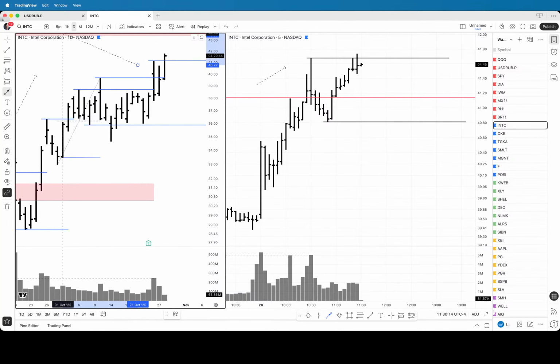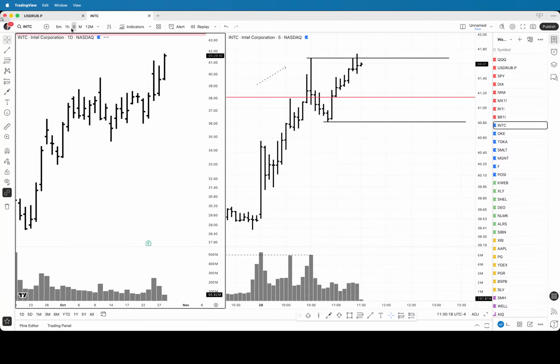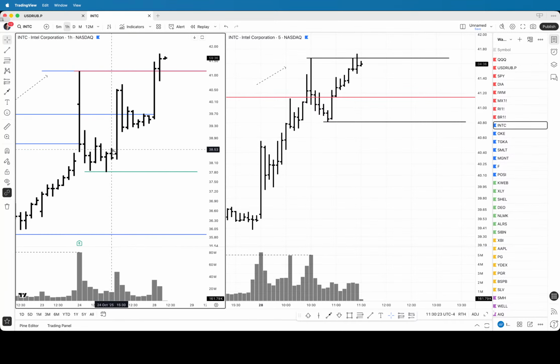Short more and counter trend. Why? It's because I think it has to stop somewhere.